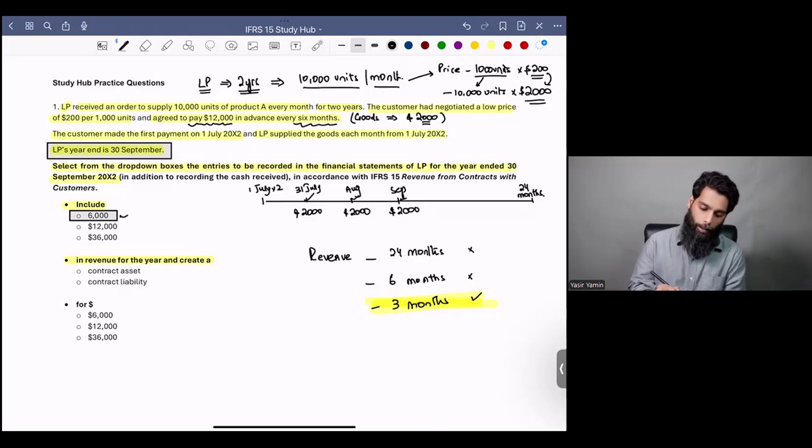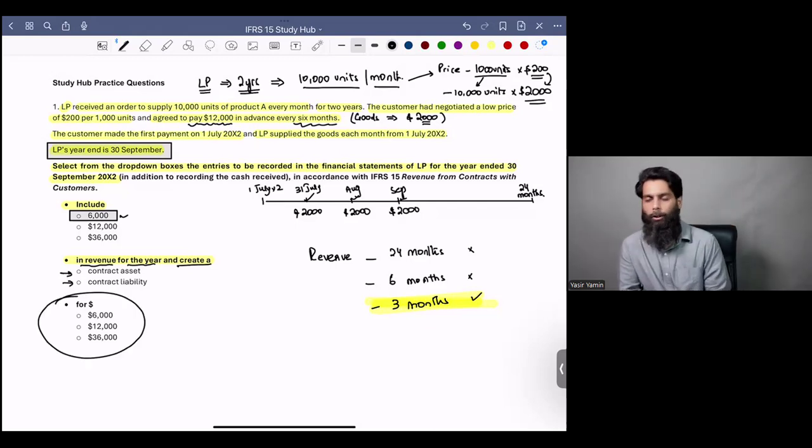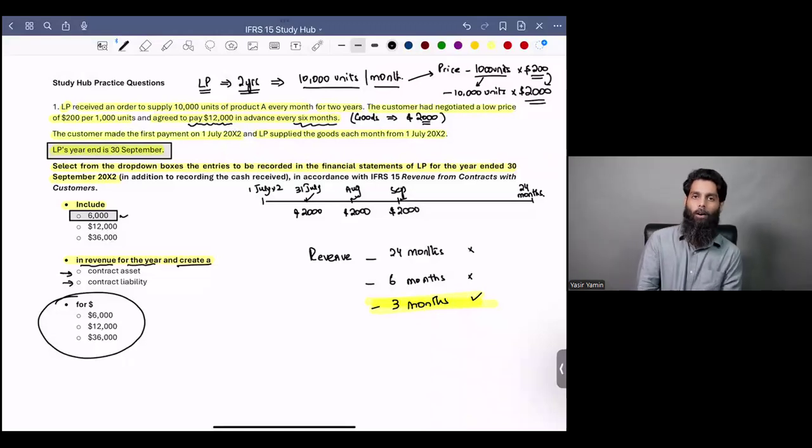Very good. I include $6,000 in revenue for the year and create a contract asset or a contract liability for dash amount. Should I be creating a contract liability or a contract asset? Somebody is saying, sir, current asset or a contract asset.